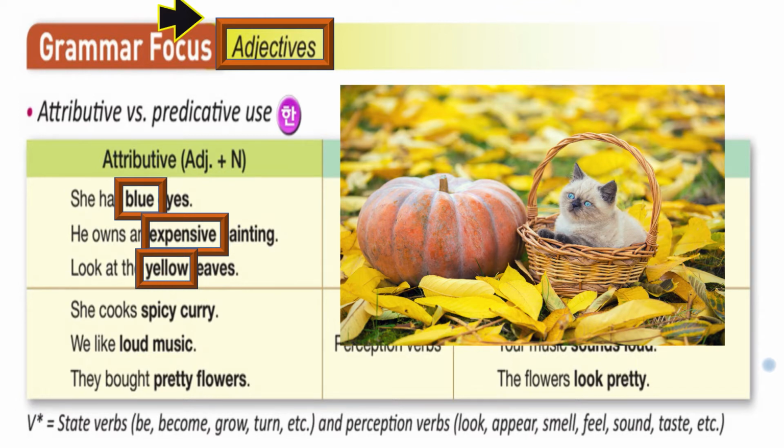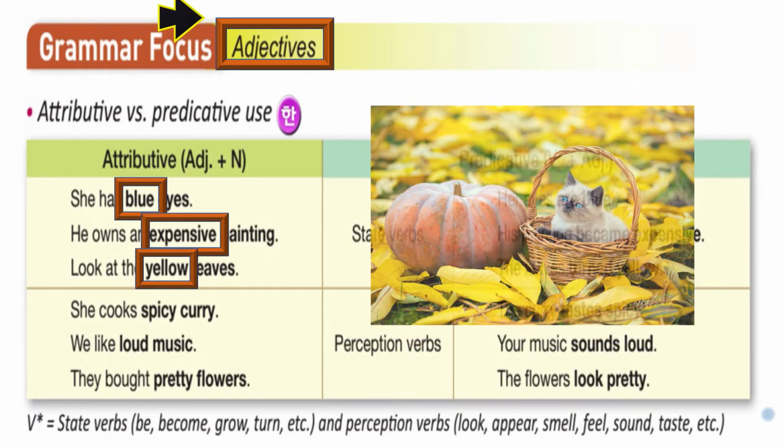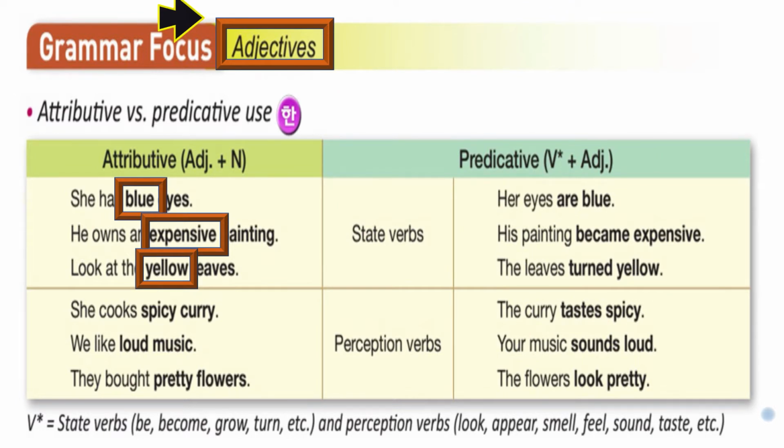Yes, there's a little kitten in the basket. It has beautiful blue eyes, around yellow leaves and an orange pumpkin. Yeah, but normally the Siamese cat is very, very expensive. Yes, and he owns an expensive cat. Okay, probably his name is John.